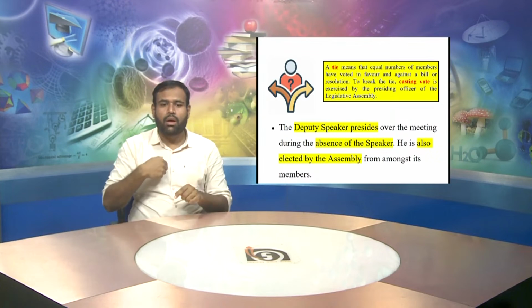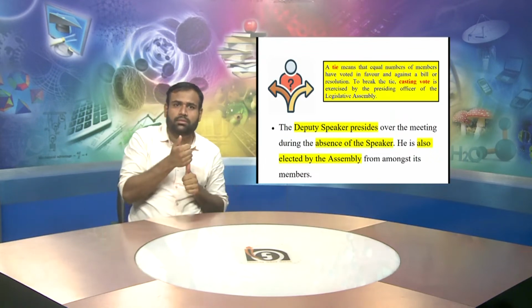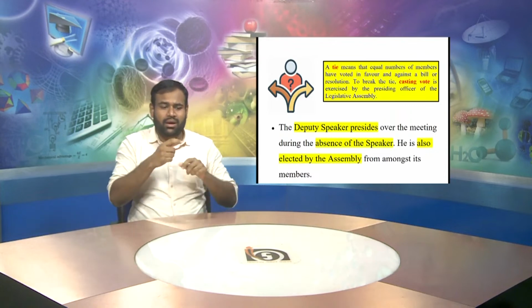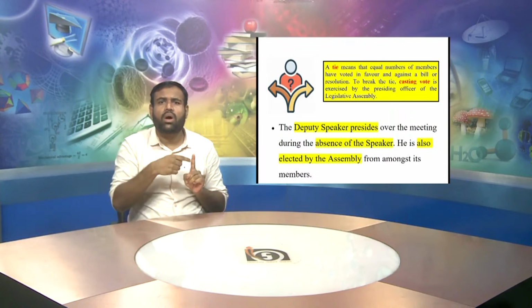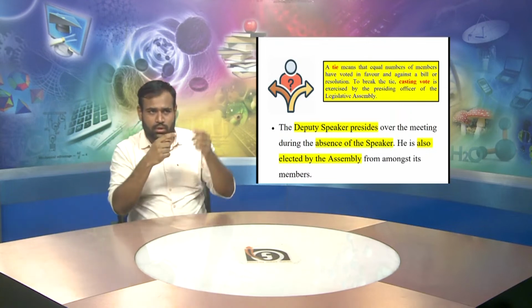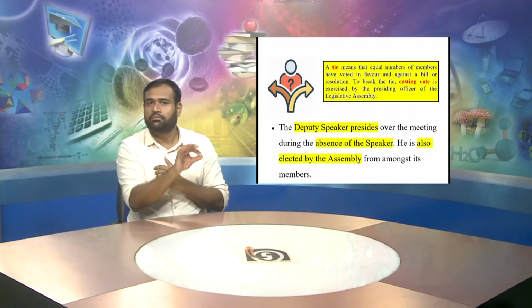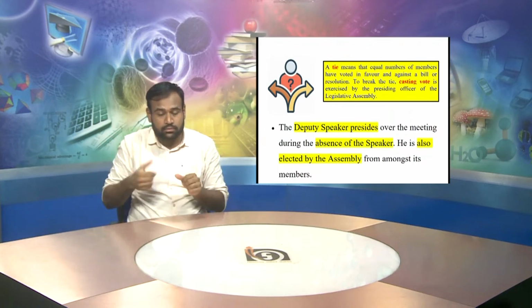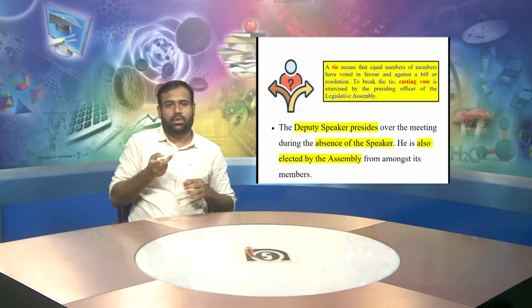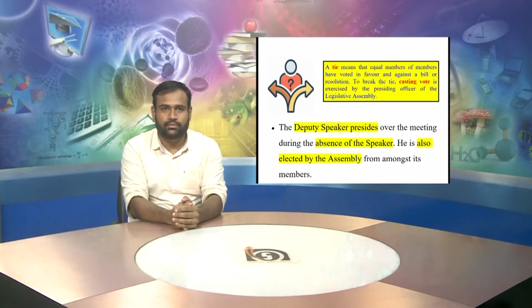Let us understand the meaning of a tie. A tie means that an equal number of members have voted in favor and against a bill or resolution. So to break the tie, a casting vote is exercised by the presiding officer of the Legislative Assembly. The Deputy Speaker presides over the meeting during the absence of the Speaker.